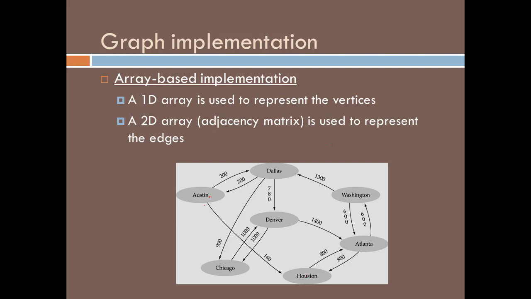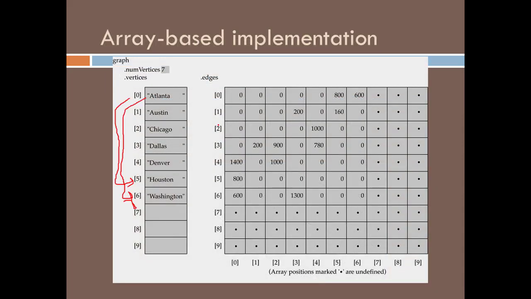Similarly, Austin has two connected values: Austin to Dallas 200 and Austin to Houston 160. Austin is at 1, so it is connected with 3. 3 is Dallas, so Austin is connected with Dallas with value 200, and Austin is connected with the 5th, Houston, with value 160. All will be drawn like this.